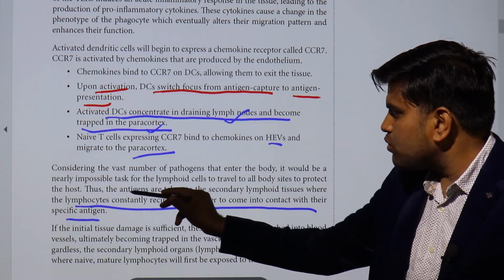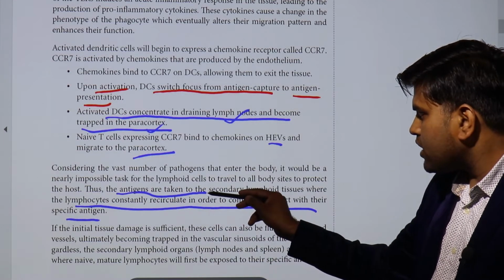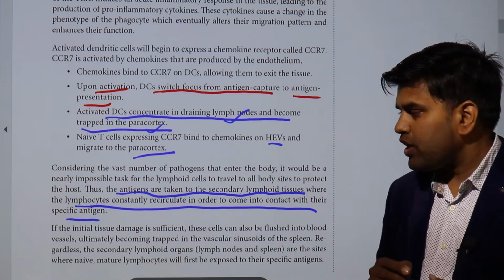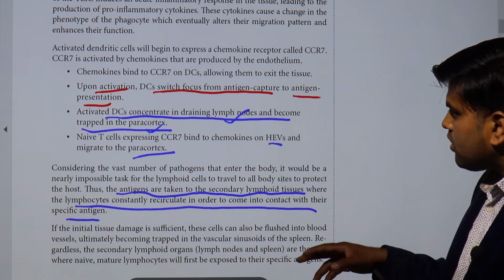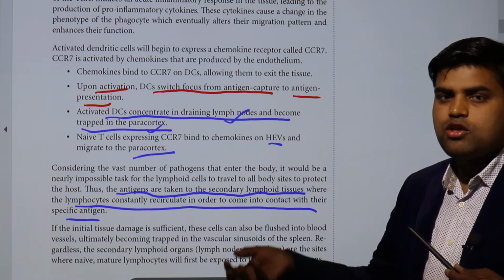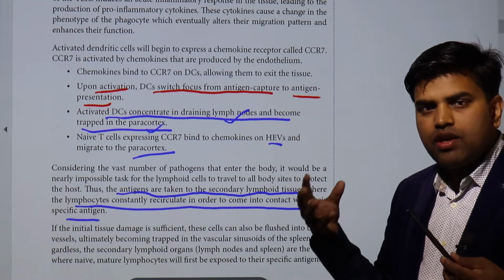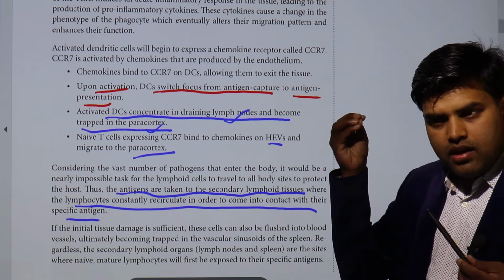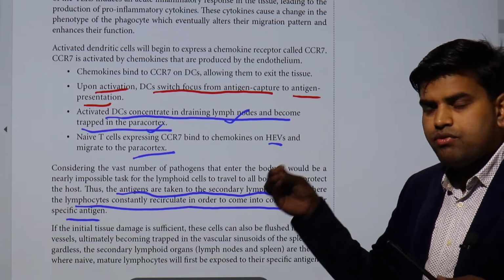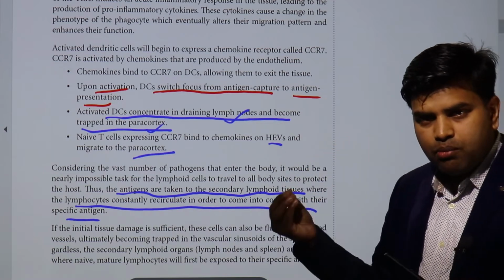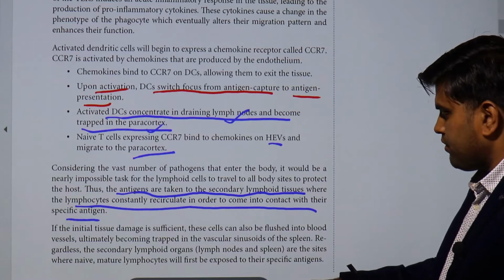The T cell will not come to the periphery; it will remain in your lymph node, and it's the responsibility of your antigen presenting cell to take the infection information to the regional lymph node.